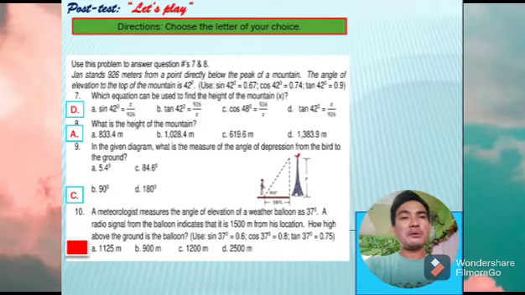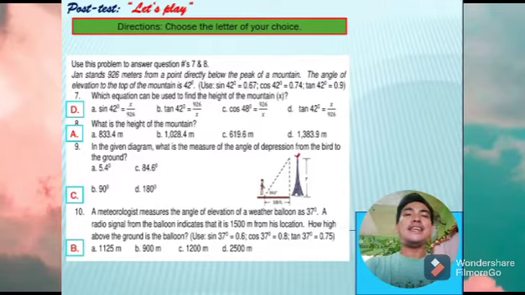Remember, you are going to use sine 37 degrees as 0.6, and cosine 37 degrees is 0.8, and tangent 37 degrees as 0.75. Okay? Ready? Go! And the correct answer is, that is 900 meters. Congratulations!